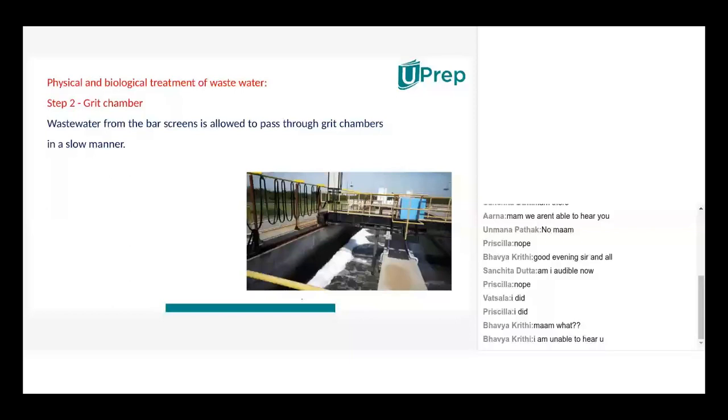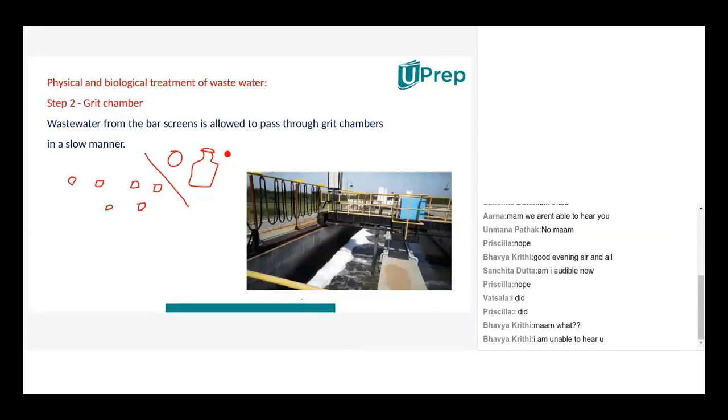Correct. Very good. So basically, when they say grit chamber, it means a little large particles of maybe stones. It could be a little large particles of impurities, pieces of broken glass, pieces of broken plastics, little pebbles, maybe a little large food particles. The bigger ones like the bottles, the sticks, the utensils, the balls got stuck at the bar chamber.